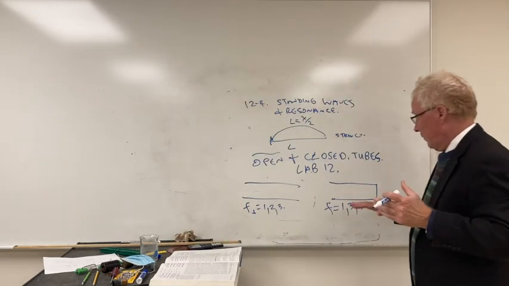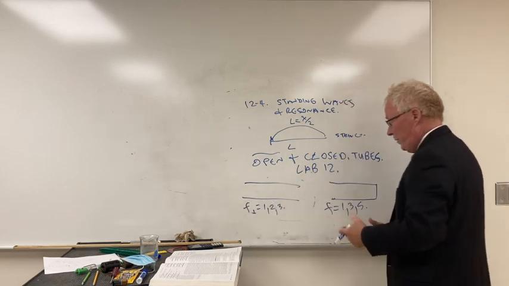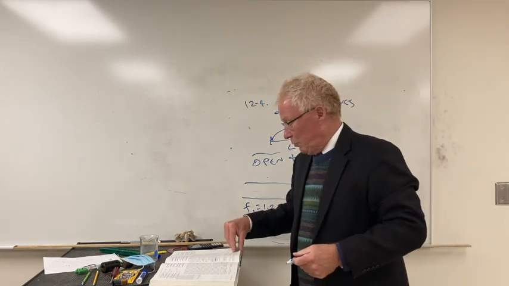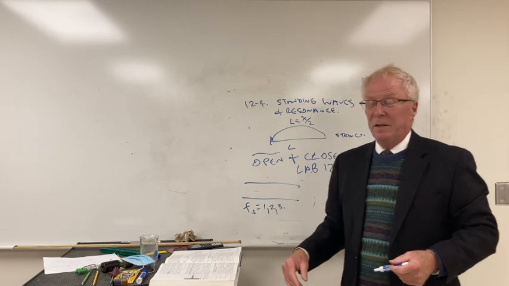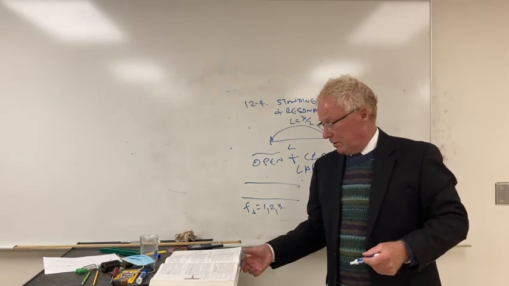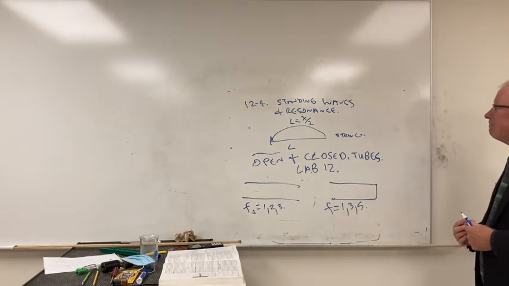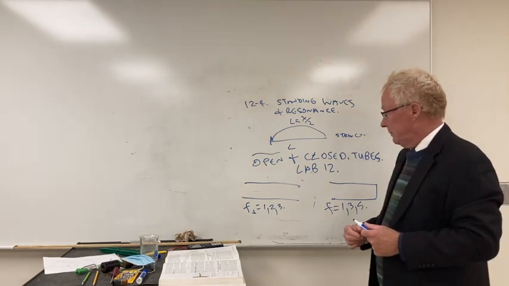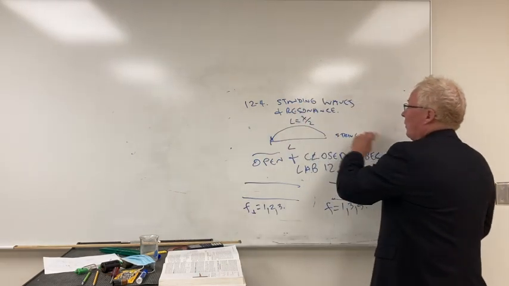Right. So for the closed tube, we have just odd harmonics. For the open tube, we have all of them included. So that's section 12.4. Again, refer to the figures there as far as that's concerned. And again, referring to lab 12.